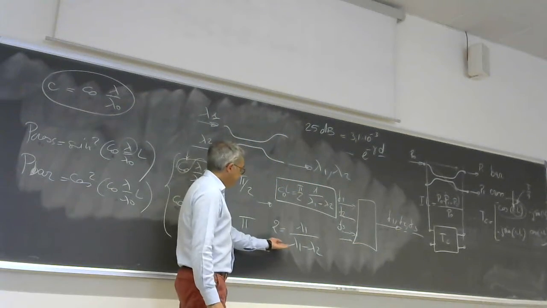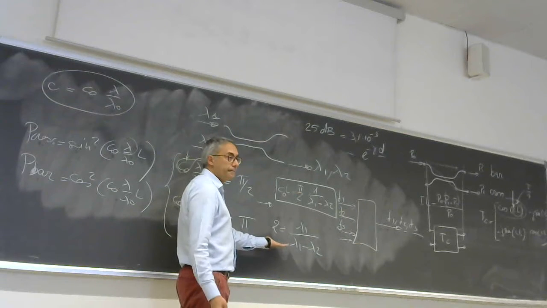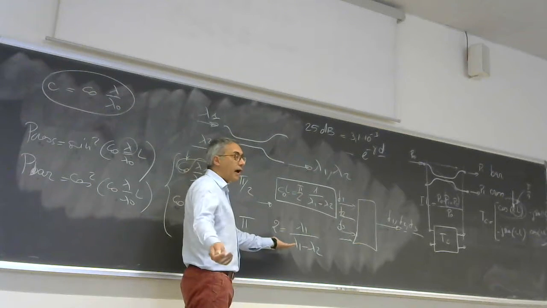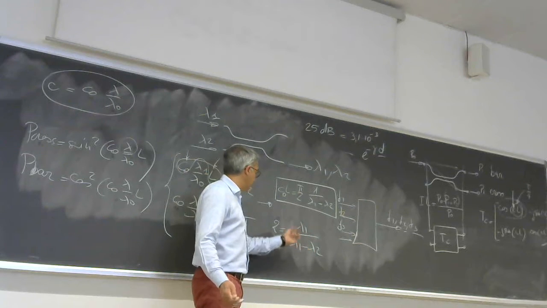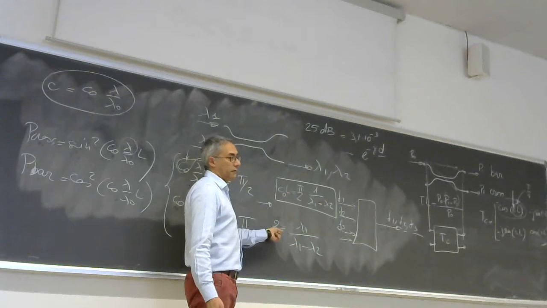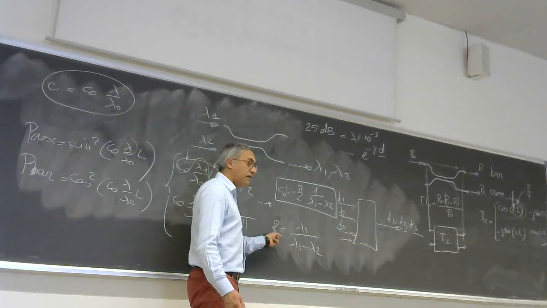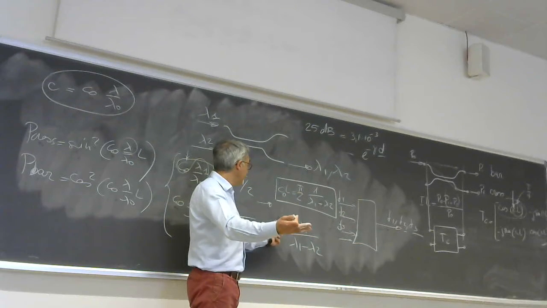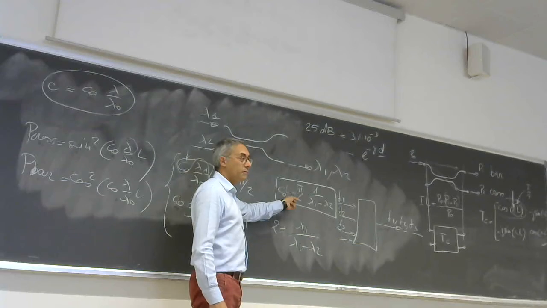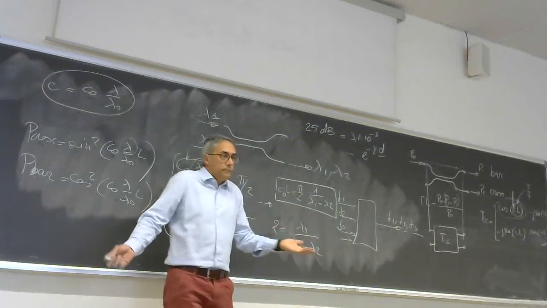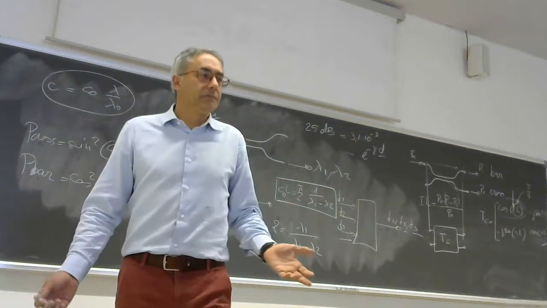So you see, if you choose arbitrarily lambda 1 and lambda 2, you don't get an integer number. So if the wavelengths stay in this ratio, you are lucky and you can find the solution. But if not, nothing to do.